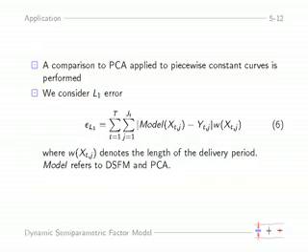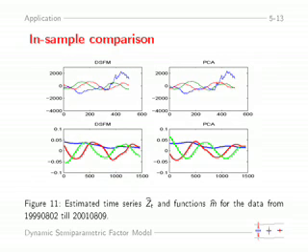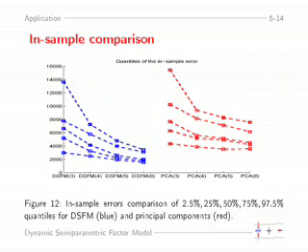The alternative approach there is sort of a functional principal component approach, where one looks at principal components applied to these piecewise constant curves. And if you look at the errors, the in-sample fit in this case, I don't know, is Szymon there? Have you done an out-of-sample fit with this yet? Huh?